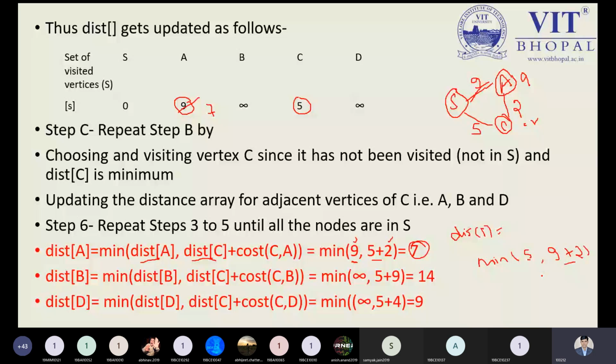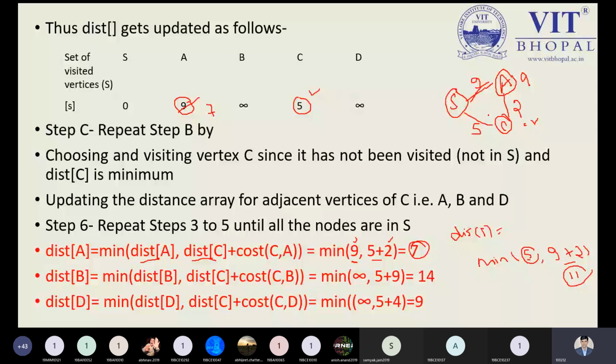So 5 comma 11, which value should I pick? 5. So already we have 5. So from 11 and 5, which value is smaller? Definitely 5. So that's why we have not recomputed the distance C between these two vertices.